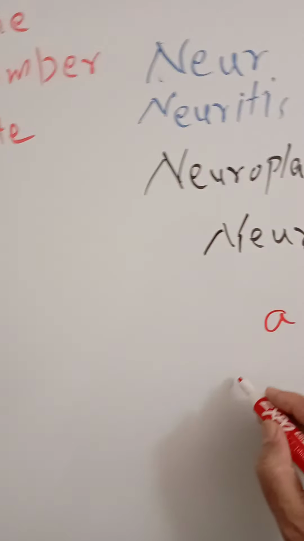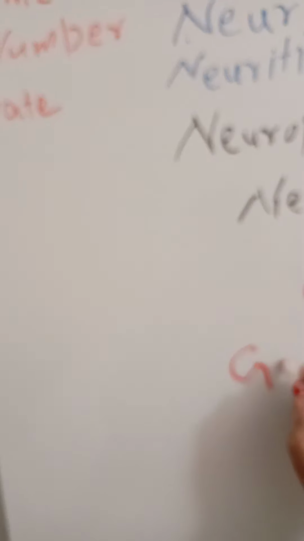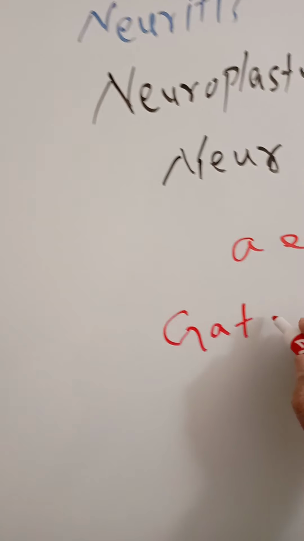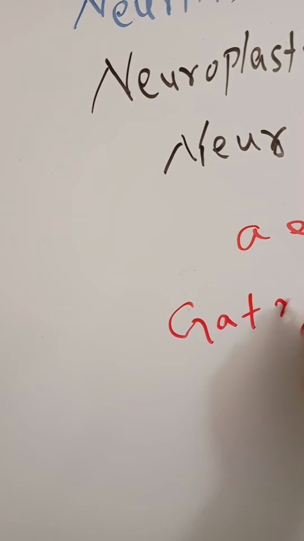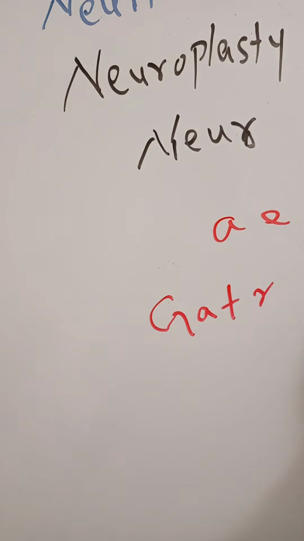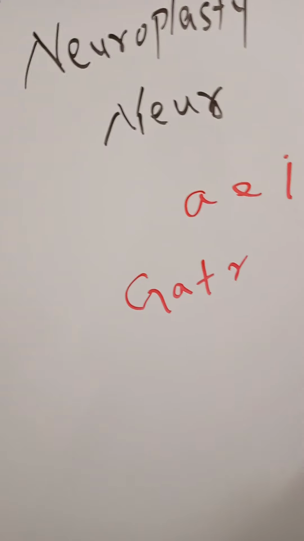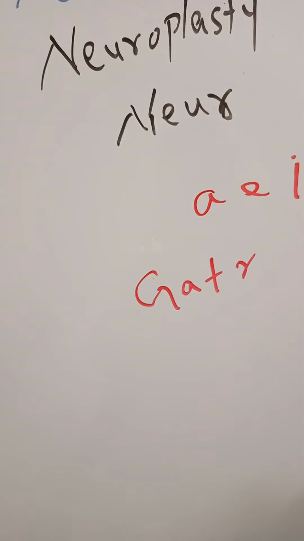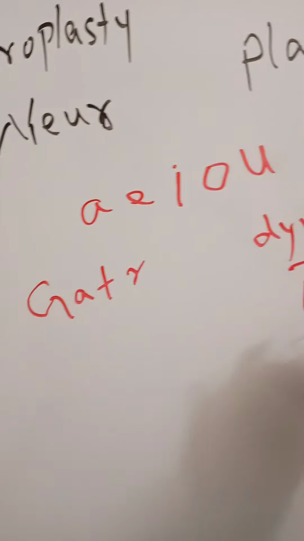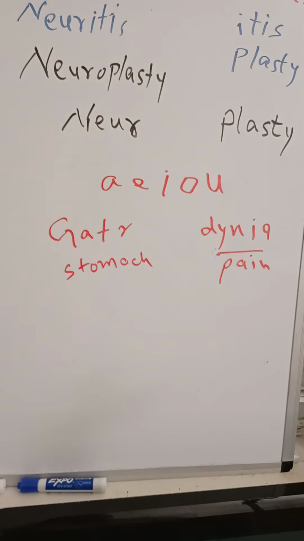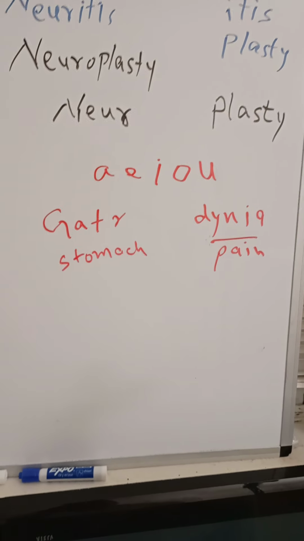Another word root is gastr. Gastr means stomach, and the suffix is dynia. Dynia means pain.